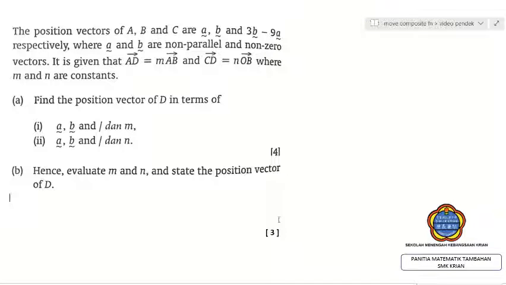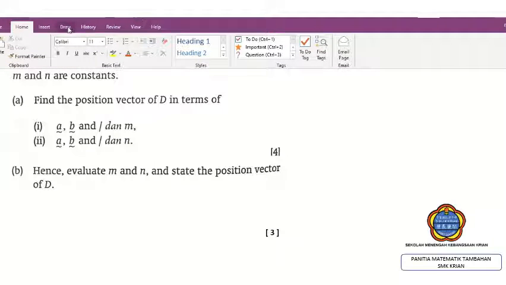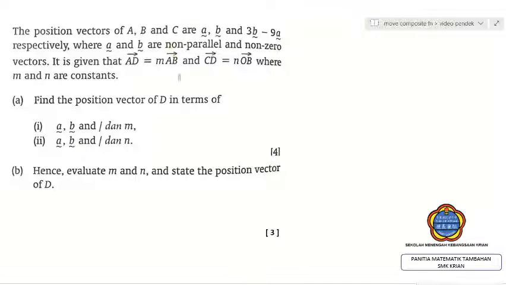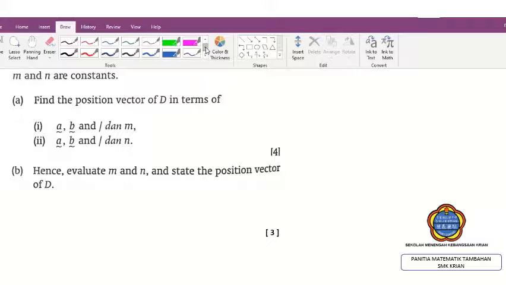Okay, now we start with question A. Position vector. What is actually a position vector? The word position vector is very important for you to know the meaning, because this will determine how you start to solve the question.